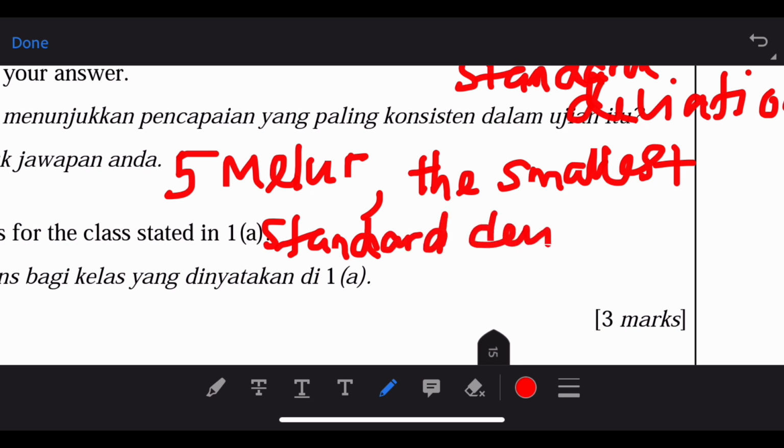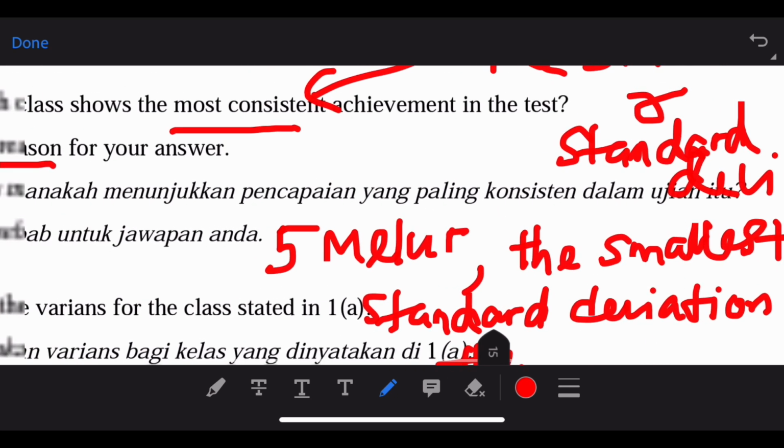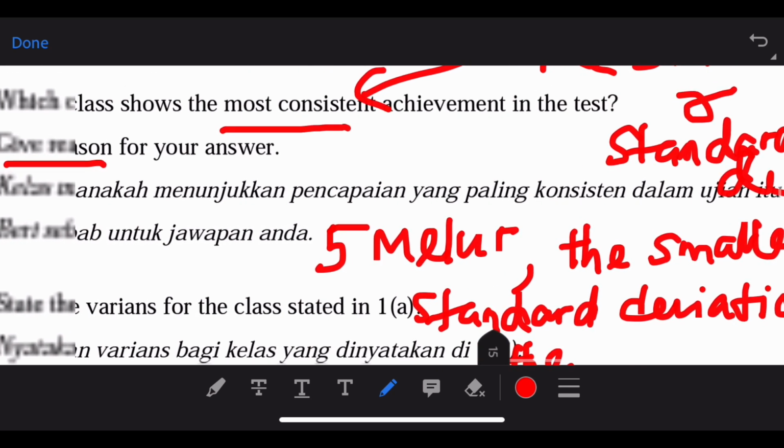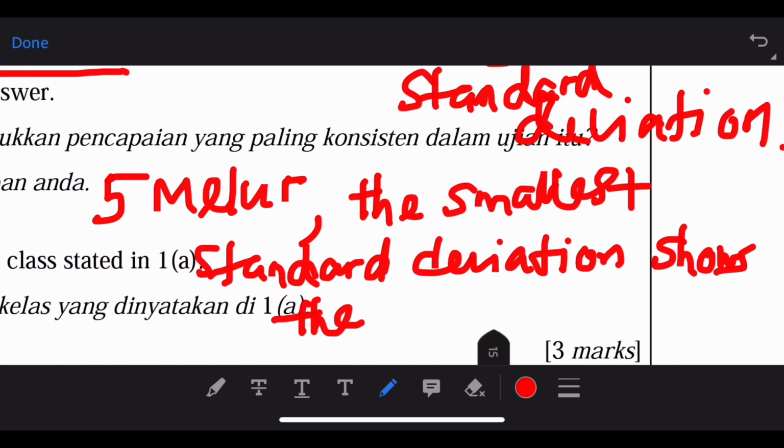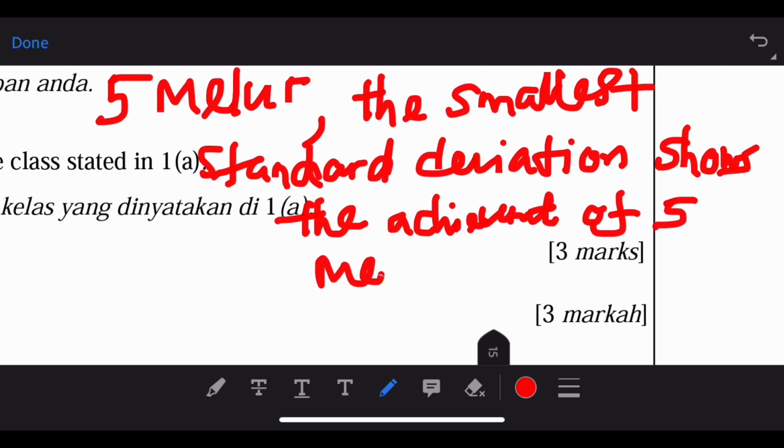justify your answer. This is part of the HOTS skills. For HOTS questions, they like you to analyze and give an opinion, justify based on the facts or the skills or the working that you have shown. So you have to write the sentence like this: the smallest standard deviation shows the achievement of 5 Merlot is more consistent.